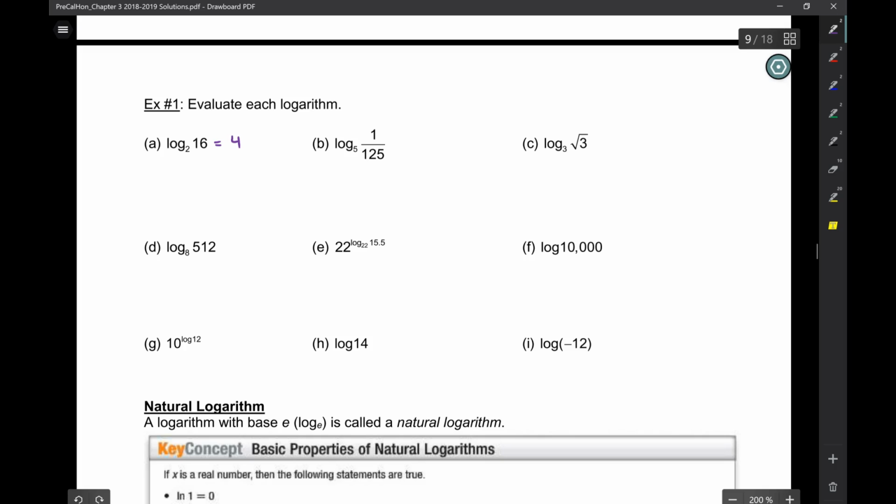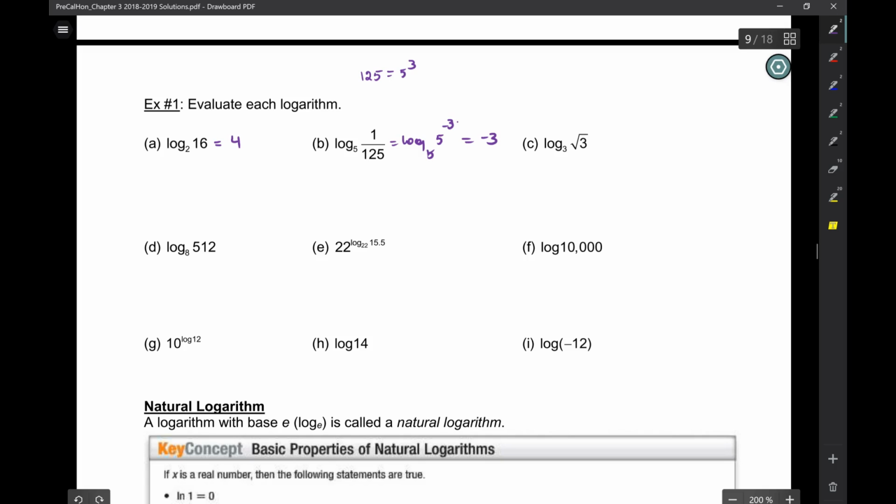Here, 1 over 125. Well, 125 is 5 cubed, right? But what about 1 over 5? It's negative, right? So this is log base 5 of 5 to the negative 3. So that's negative 3.